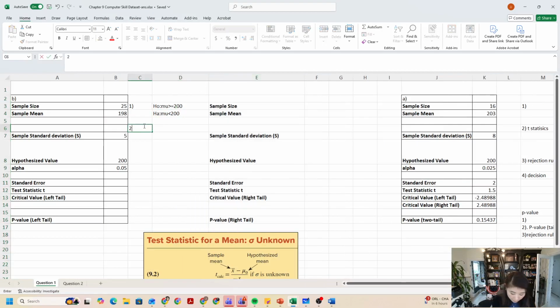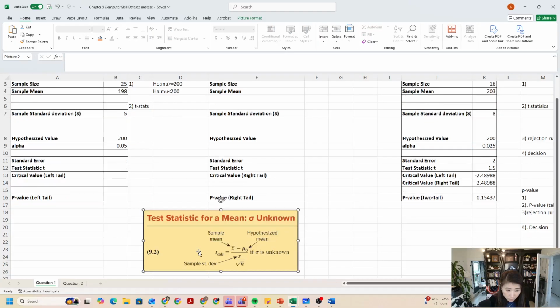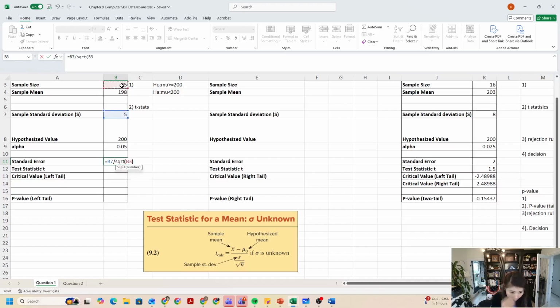Okay, step number 2, t-stats. So we basically just follow exactly the same formula, starting from calculating the standard error. The standard error equals the sample standard deviation divided by square root of sample size, close the parentheses. That will give me the standard error that we're going to need for the denominator here, right?